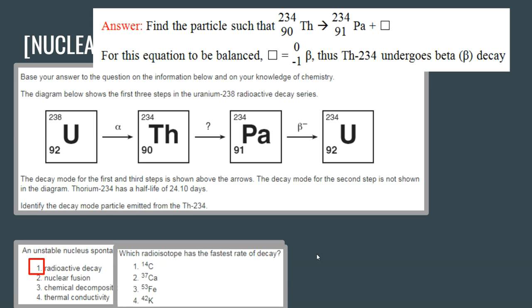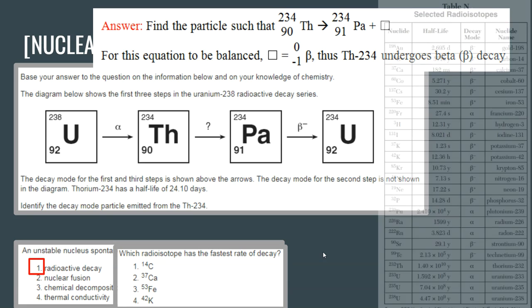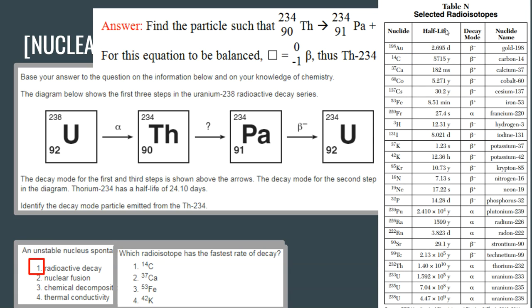Which radioisotope has the fastest rate of decay? In order to do this problem, you need to look at Table N and look at all the various half-lives for each of these isotopes. The one that undergoes the fastest rate of decay would have a shorter or longer half-life? Think about that as you answer this question.